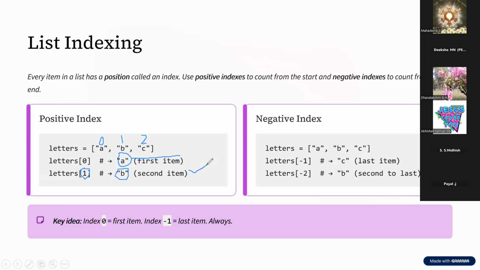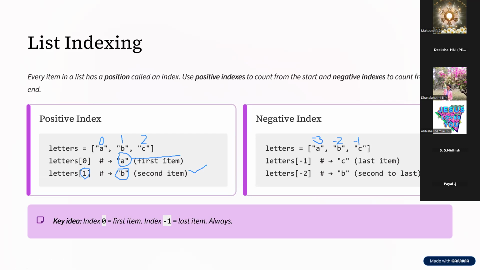Coming to the other side of the positive index, we have the second phase called the negative index. Here it is the reverse. So we will have -1, -2, and -3.